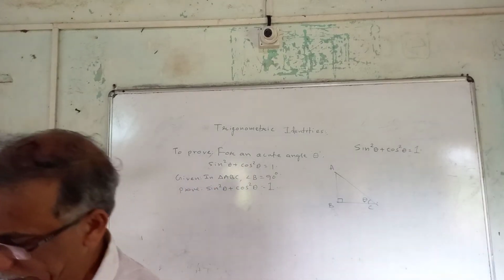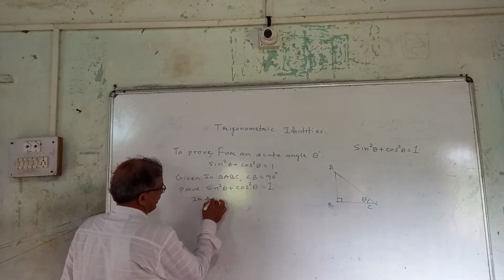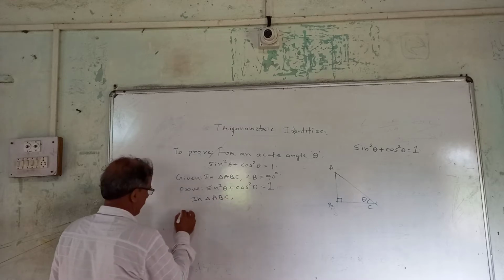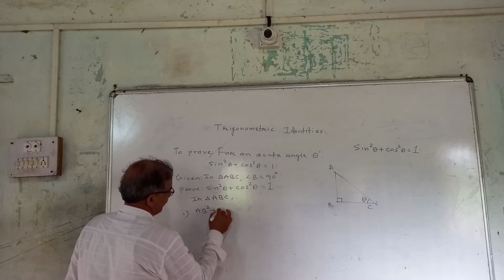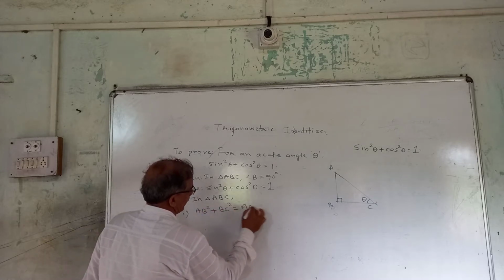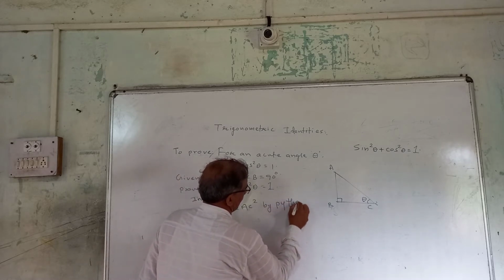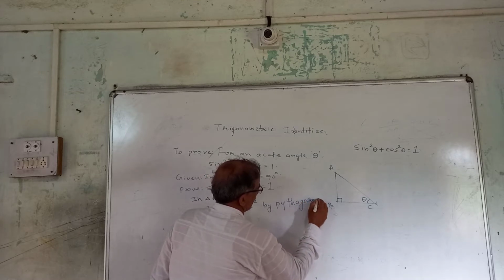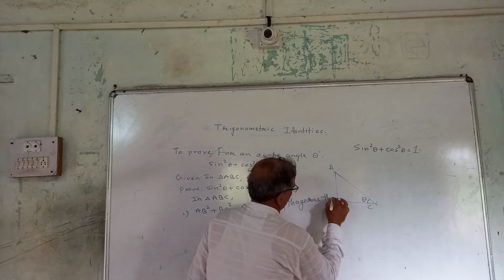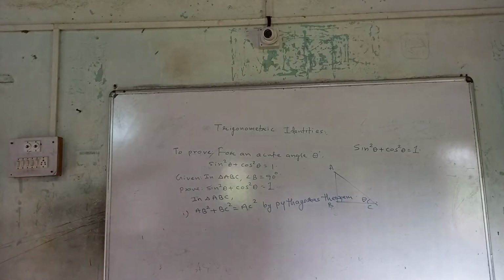And according to Pythagoras theorem, we can write here, in triangle ABC, AB square plus BC square is equal to AC square by Pythagoras theorem.